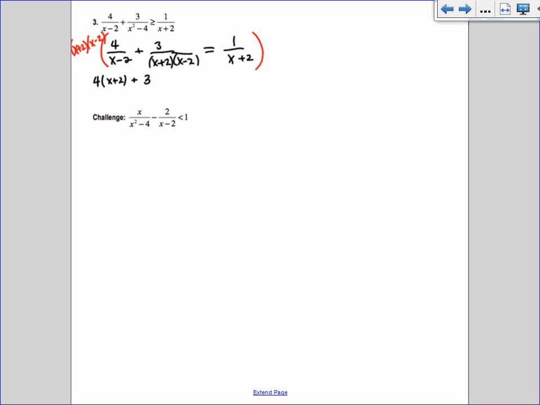Both cancel, x plus 2, x minus 2. Equals 1 times x minus 2, so just x minus 2. So I have 4x plus 8 plus 3 equals x minus 2. So 4x plus 11 equals x minus 2. Subtract the x over, I get 3x equals, subtract the 11 over, negative 13. So x is equal to negative 13 over 3.